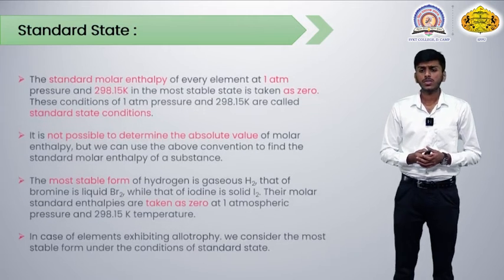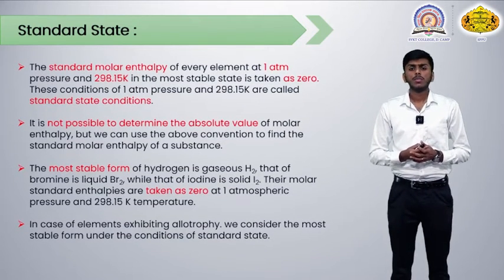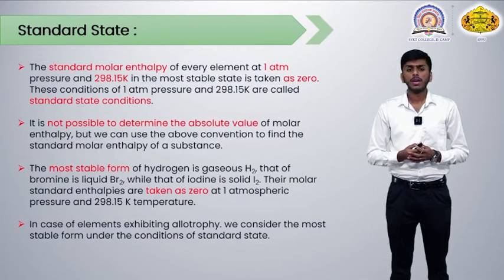Standard state. The standard molar enthalpy of every element at 1 atmospheric pressure and 298.15 Kelvin in its most stable state is taken as 0. This condition of 1 atmospheric pressure and 298.15 Kelvin temperature is known as the standard state condition. It is not possible to determine the absolute value of molar enthalpy, but we can use the above convention to find the standard molar enthalpy of a substance.